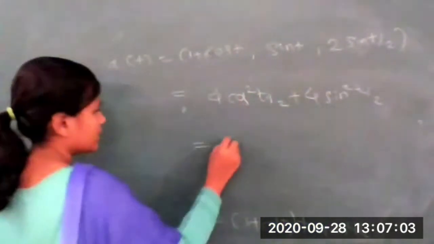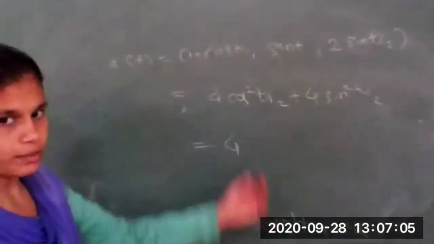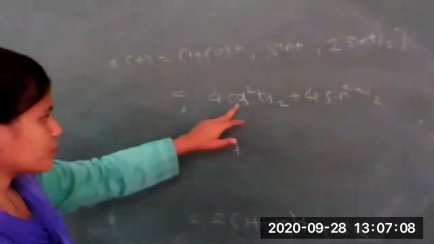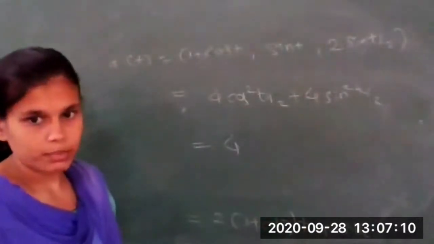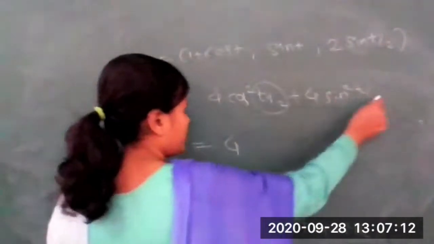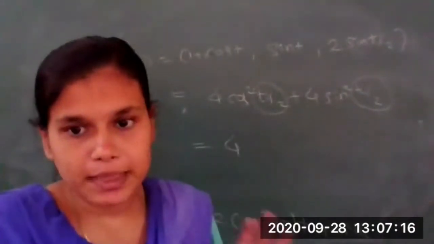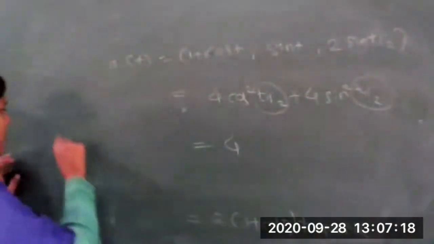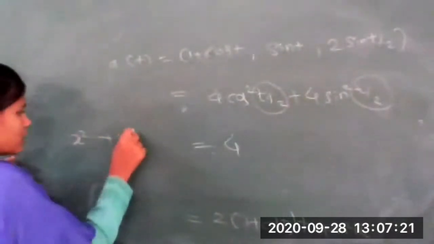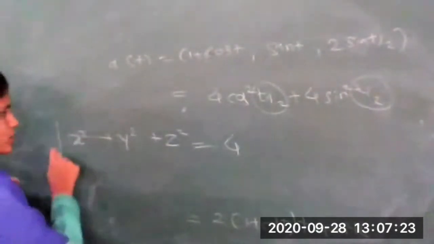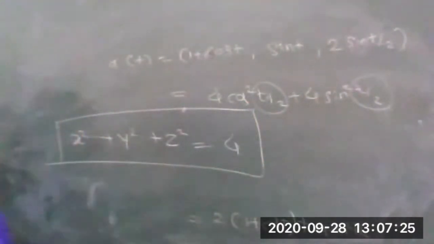So finally the result is 4, because cos square t by 2 plus sin square t by 2 will be 1. You don't need to worry about this t by 2, because it is just some angle. Cos square theta plus sin square theta is 1. So finally what do I get? x square plus y square plus z square. So what is this equation?